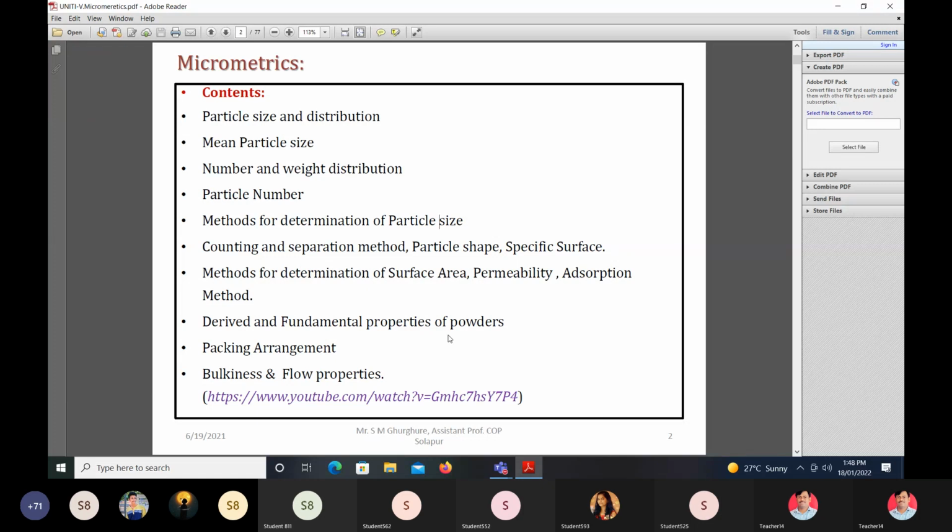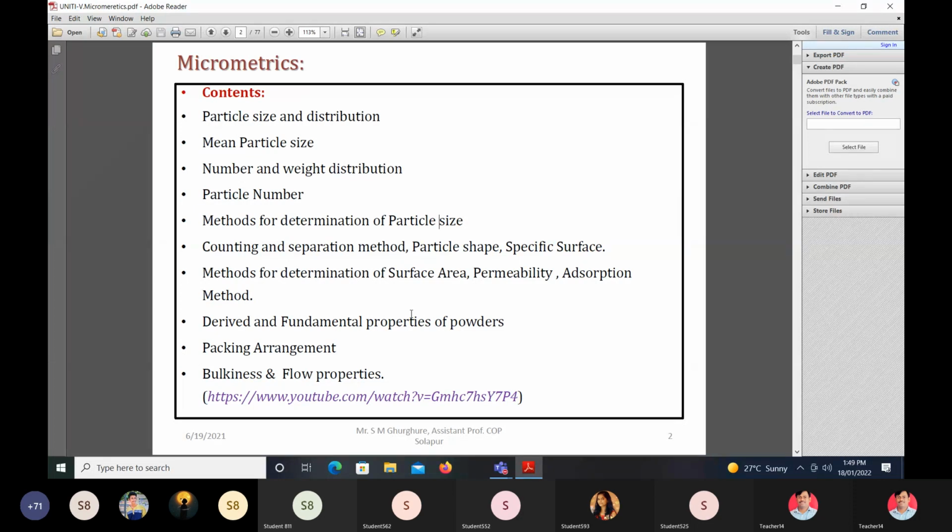And in derived properties, we are going to focus on different types of densities: granule density, then bulk density, then specific density, then relative densities, then true density. We are going to determine those here. Then the angle of repose of a powder sample, and the relationship between the angle of repose and the flow properties of the drug molecule.